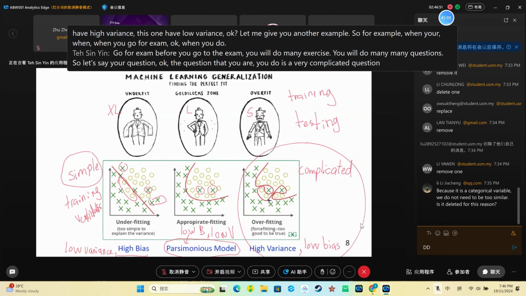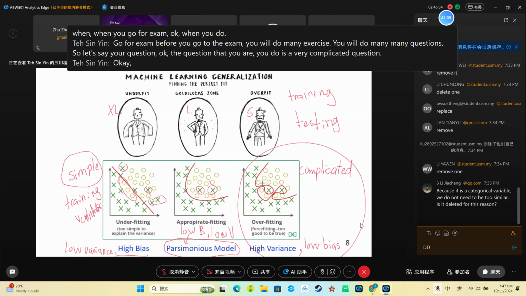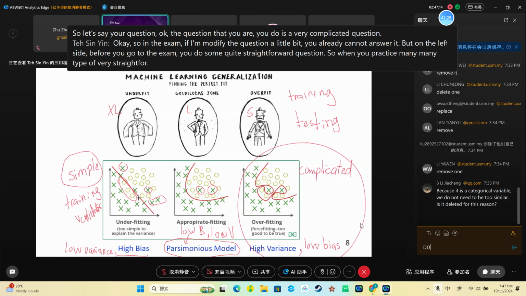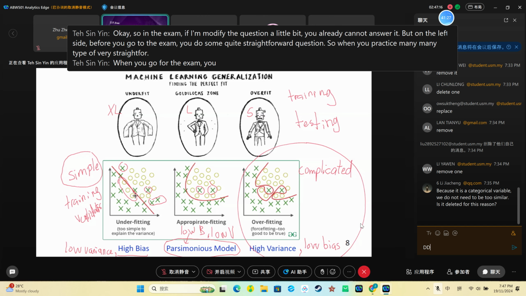Then in the exam, if I modify the question a little bit, you already cannot answer it. But on the left side, before you go to the exam, you do some quite straightforward questions. So when you practice many types of very straightforward questions, when you go for the exam and you see this type of question, you can already easily answer it.